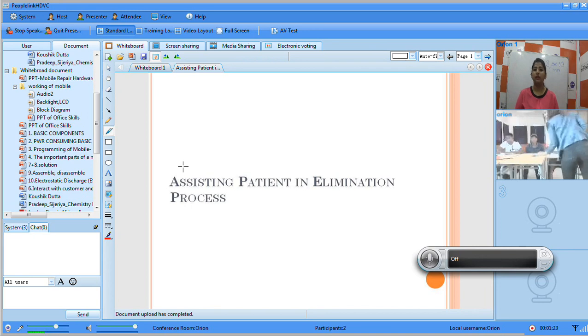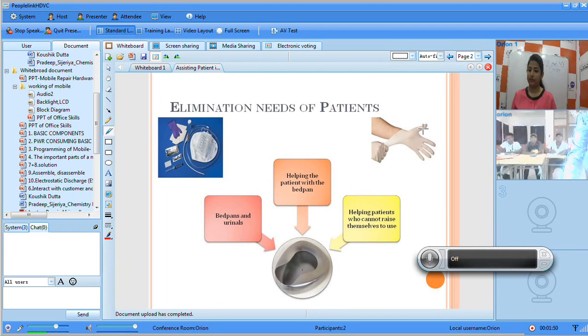The patients who are ill are not in a position to go to the bathroom and do the elimination on their own. So, the GDA person, it is your responsibility to help the patients in the elimination process. How will you be helping? We shall be seeing in the next slide.